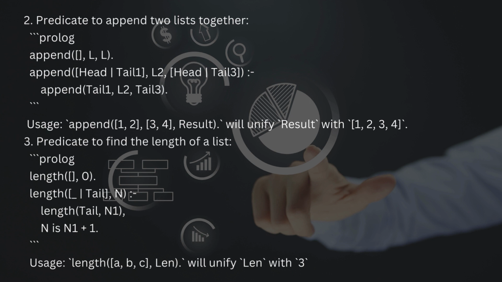How can you use this? length([a,b,c], Length): this is one list and you have to find its length. We will unify Length with 3, because we have 3 members in the list. These are just a few examples of predicates and clauses for working with lists in Prolog. You can use these as building blocks to perform various operations on lists in your Prolog programs.